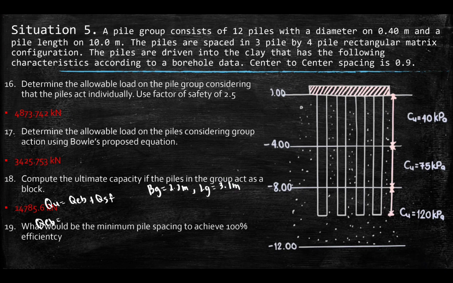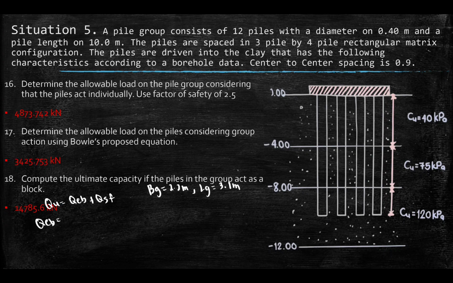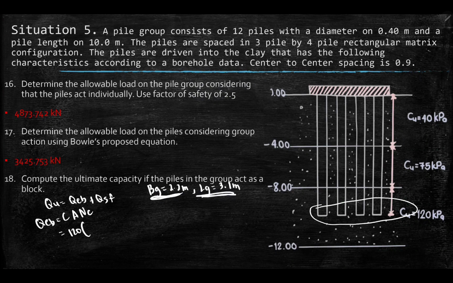We have Cu. Okay? So, the cohesion at the end of the soil layers is 120, times the area we use. Since the dimensions are here, this is what we will use for finding the area of this end pile.